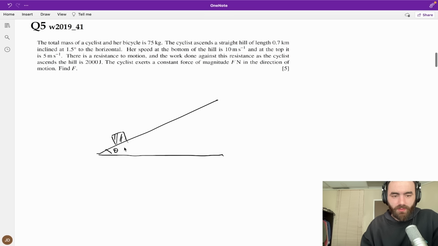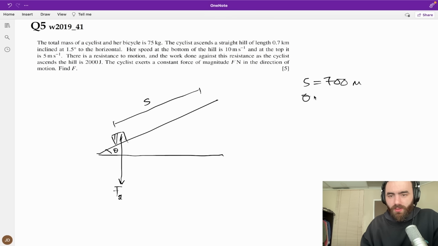This is theta. She has mass, so the hill's length, let's call it S. S is 0.7, so we want it in meters. Theta is 1.5 degrees. Her speed at the bottom of the hill, so her initial speed, is 10 meters per second.